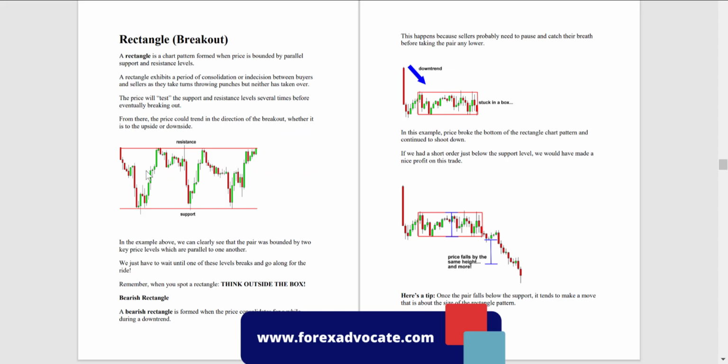Another thing is rectangle breakout. You can see that the way this market is moving, it's forming, not going outside. It looks like a rectangle. So it breaks down here, going there. You can see this distance, so near this distance as well.